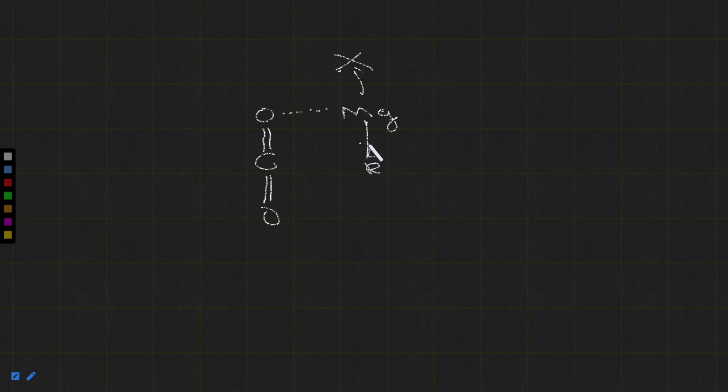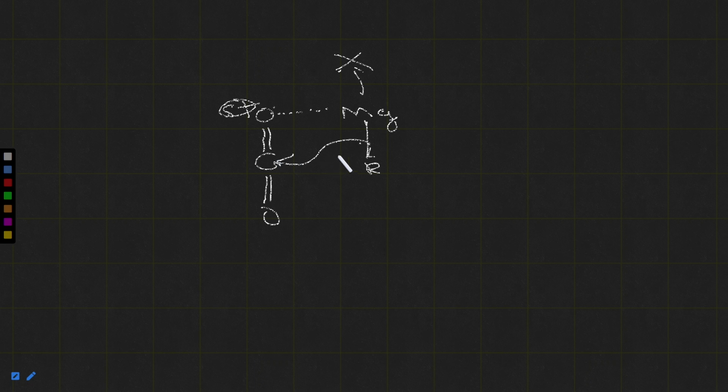Now this R group will attack on this center. Why? Since this oxygen has donated its electrons, or you can say there is an interaction between the electrons of this oxygen and magnesium, there is a development of partial positive charge, and as soon as this partial positive charge is induced on this oxygen, this nucleophilic substitution can be facilitated.